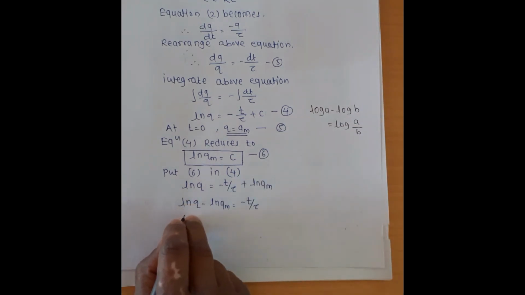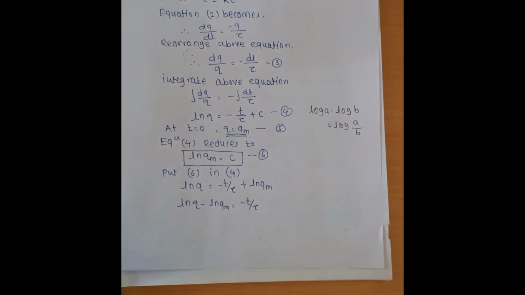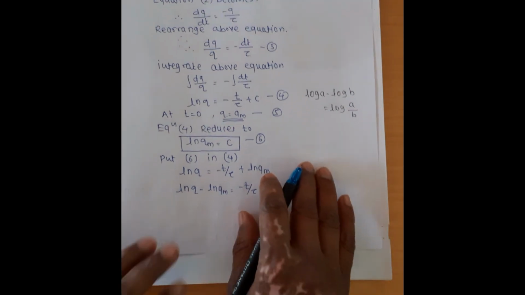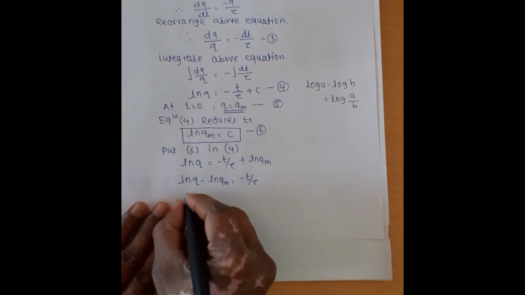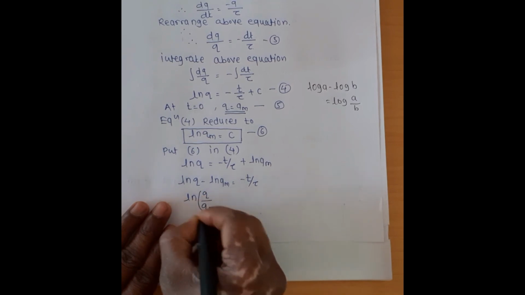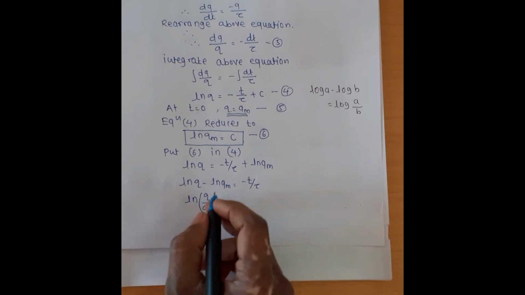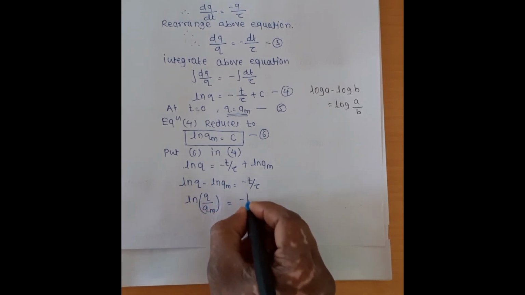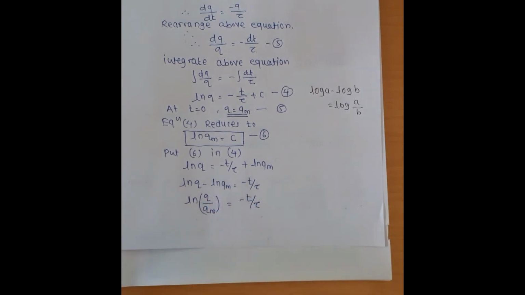So we write this equation in such a way that ln of q upon qm is equal to minus t upon tau.